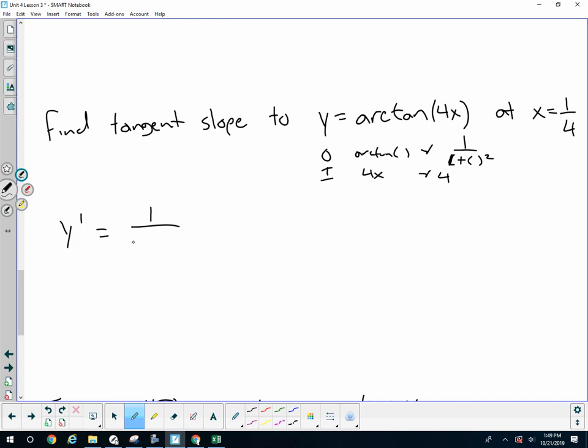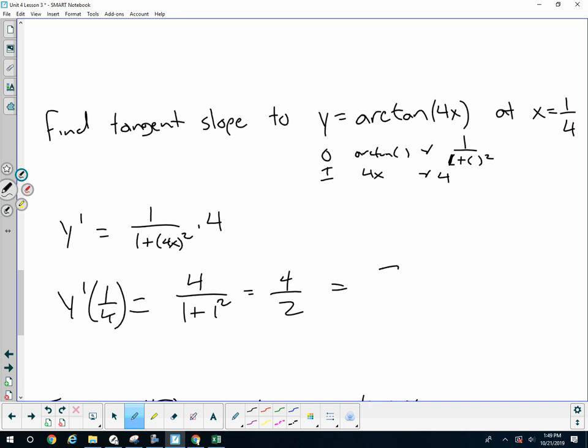One over 1 plus 4x quantity squared times 4. If you want to simplify this now, you can. However, you're trying to find this at 1/4. I'm going to plug in the 1/4 right away because the 1/4 times the 4 is just 1. So that just becomes 1 squared. So this is just 4 over 2, which is just 2.